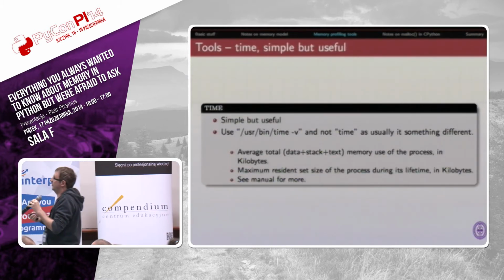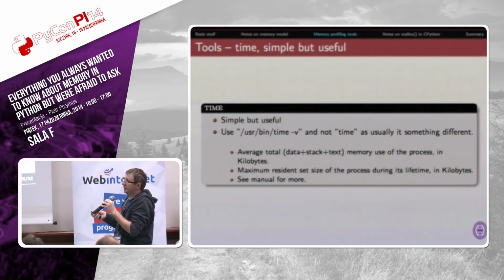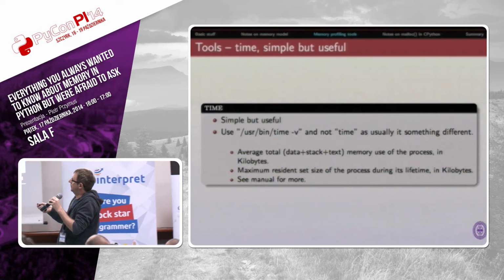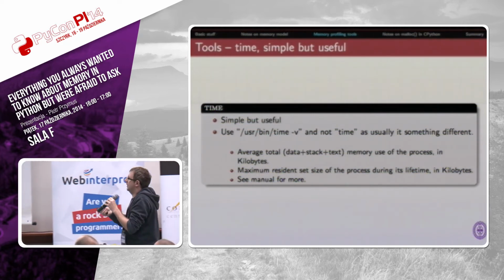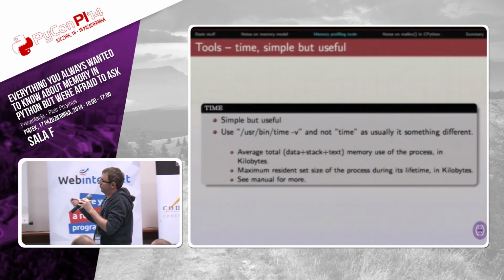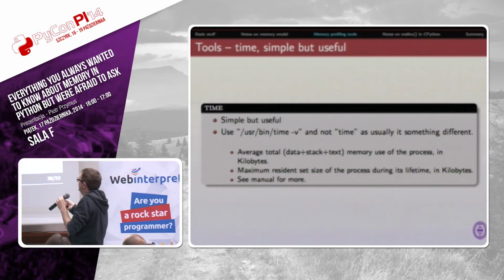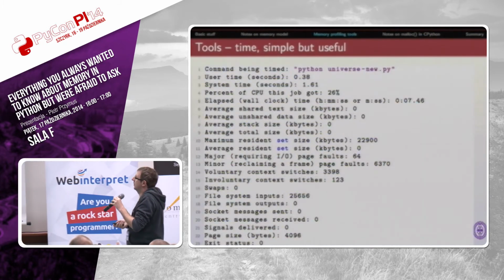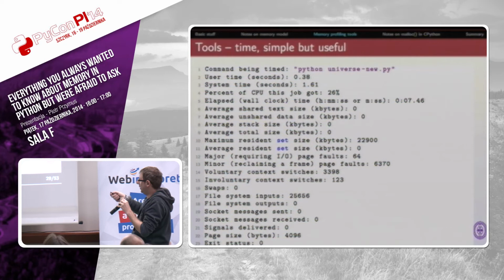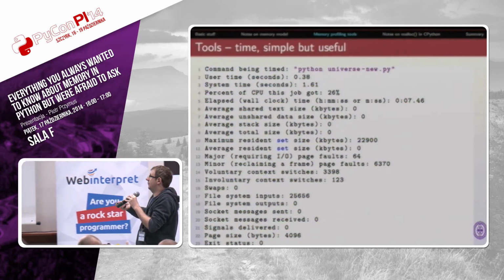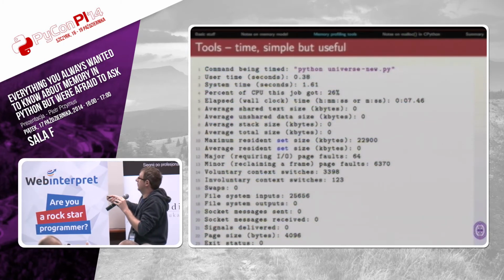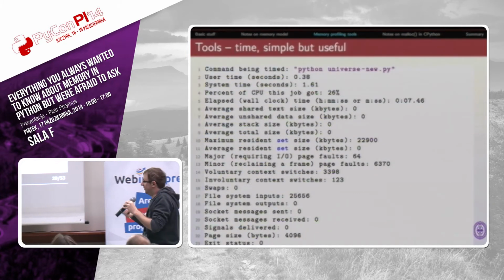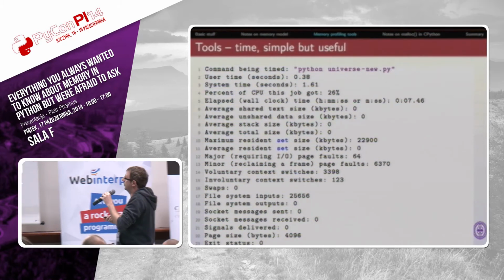It's simple but useful, and I'm not talking about the shell built-in time, but the user bin time, with some options, and then you can get some information about your program after it finishes, like average memory or maximum resident memory, and so on. You will get something like this from time with the minus v option. It's simple, but it's useful, and you already have it on your computer.